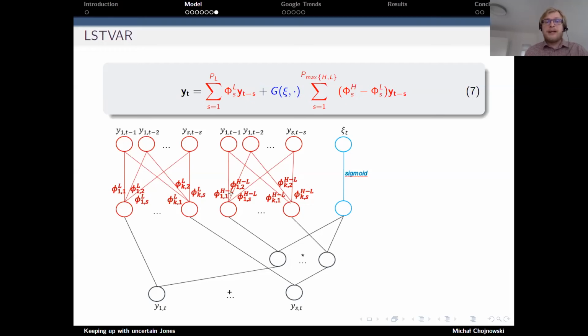From the difference between high and low regimes, we take the market sentiment and multiply those results with it, and then we add it all together. Right now, it seems a little bit convoluted, but this is basically just the LSTAR model copied and pasted by the number of the regimes that we have.